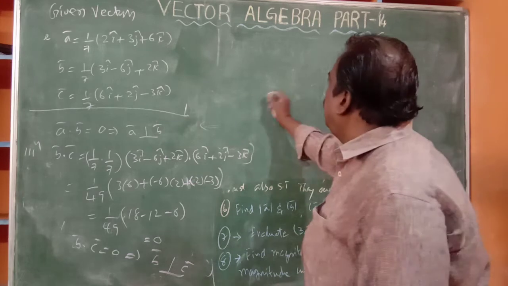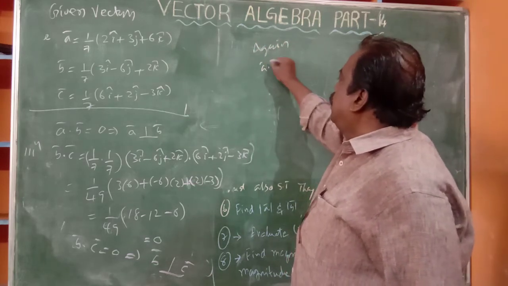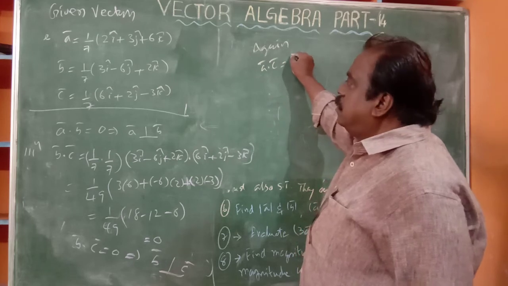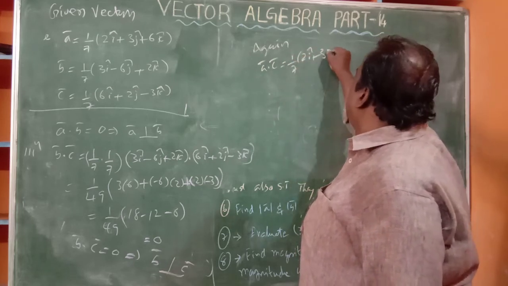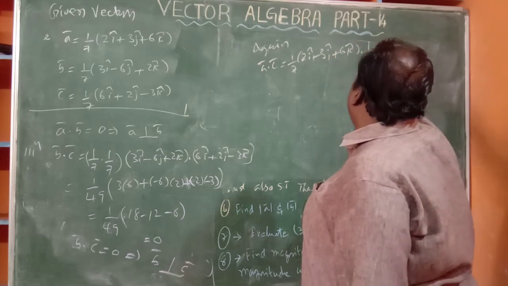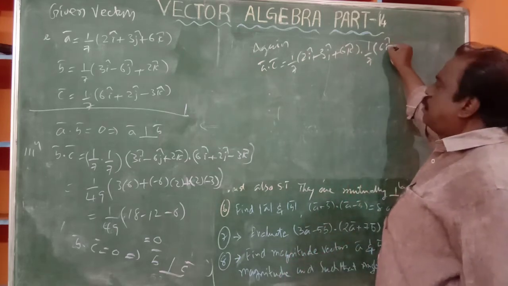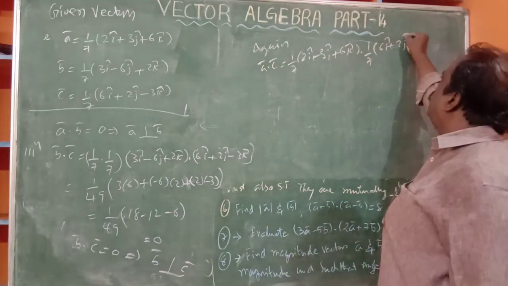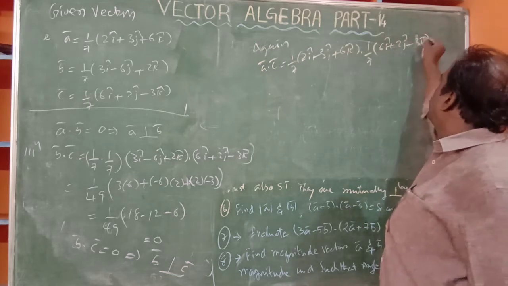Again, we consider a bar dot c bar. It is (1/7)(2i + 3j + 6k) dot (1/7)(6i + 2j − 3k).